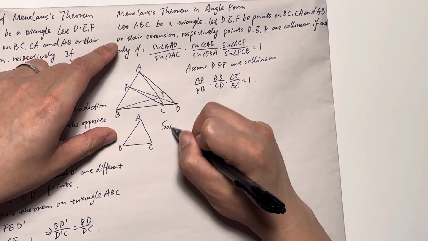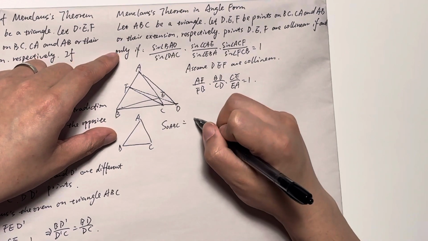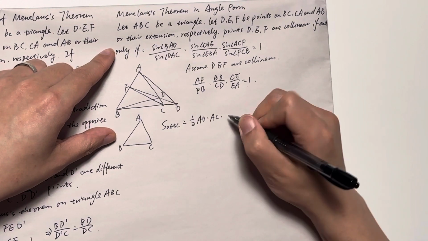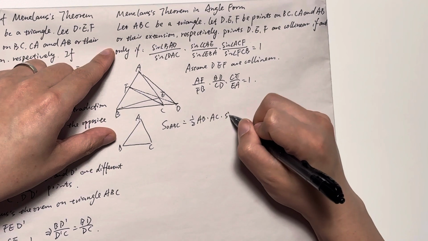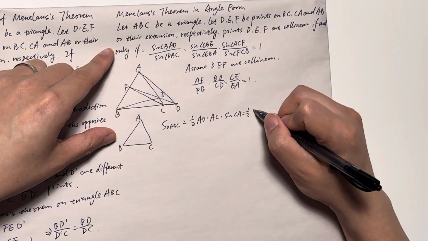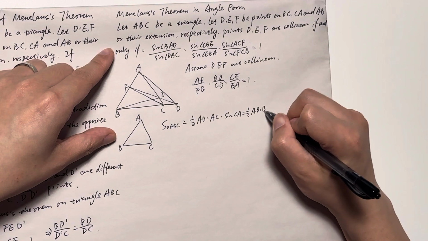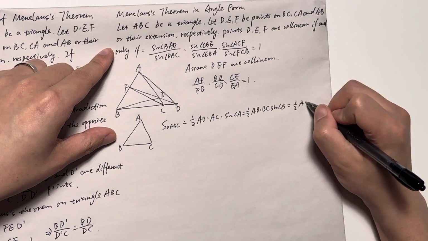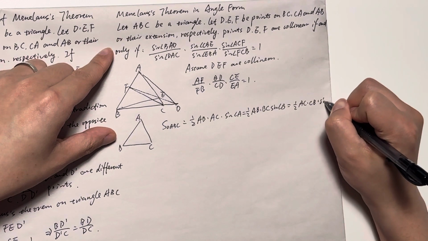Then the area of ABC equals half AB times AC times sine A, or half AB times BC times sine B, or half AC times CB times sine C.